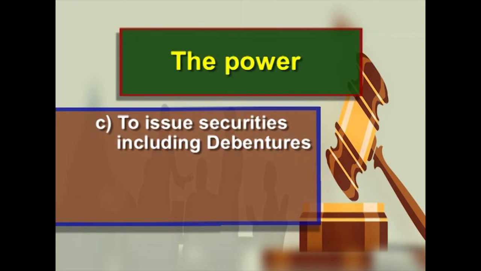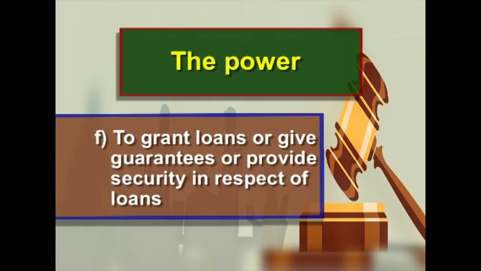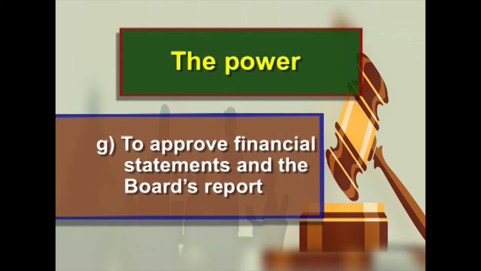To issue securities including debentures. To borrow money. To invest the funds of the company. To grant loans or give guarantees or provide security in respect of loans. To approve financial statements and the board's report.